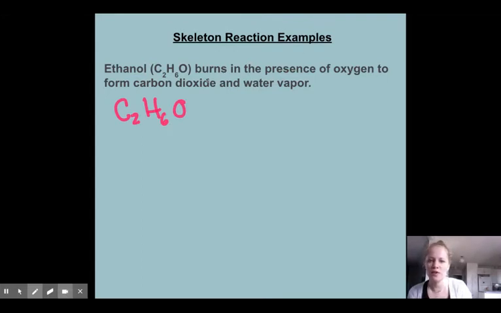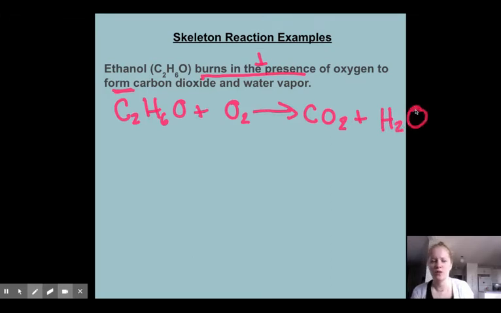So that means you see burns in the presence of, that's a plus oxygen all the time. O2, because oxygen is a diatomic Hofbrinkel, and it's forming, so there's our arrow, carbon dioxide, CO2, and water vapor. All right, so H2O or HOH.